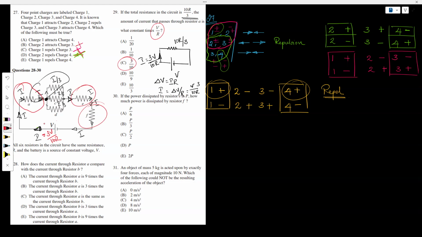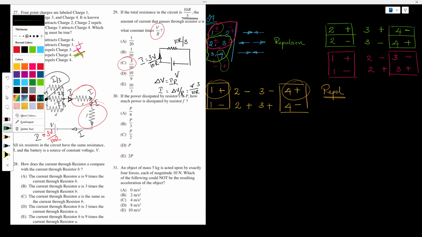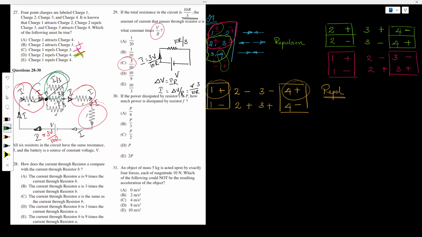Moving on. Any questions? Moving on. What is the current in the B? Okay. So since we have marked down the currents that are passing through each and every resistor before doing this question, we know that the current that is going through B is I/3. So we know what I is, right? So what is I/3?